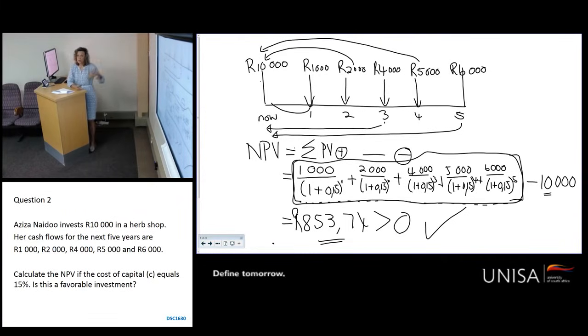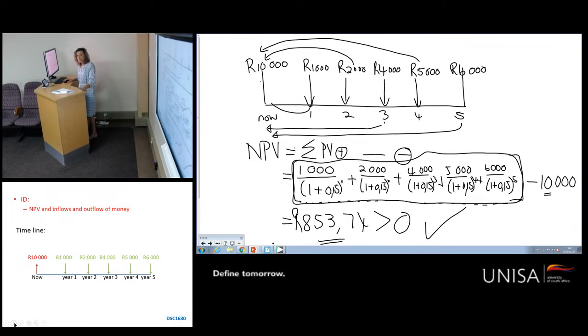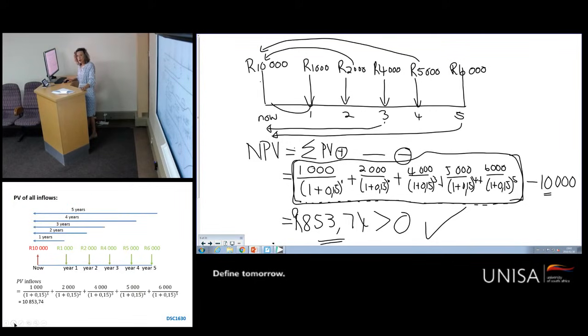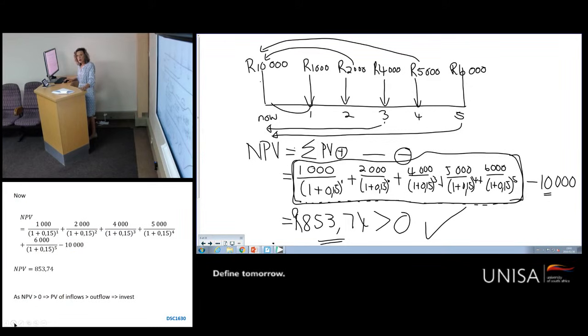Why is this one better than the average rate of return? Because we're bringing in the time value of money in this specific case. So if we look at our PowerPoint, I've drawn my timeline. I've moved my money back. I've subtracted my 10,000 and I get 853.74.